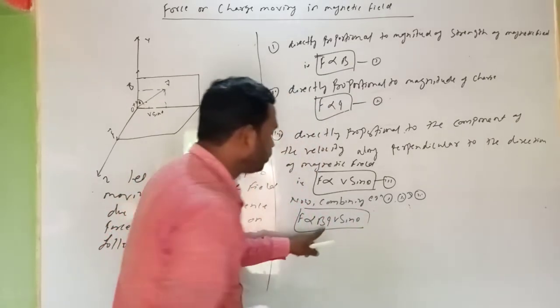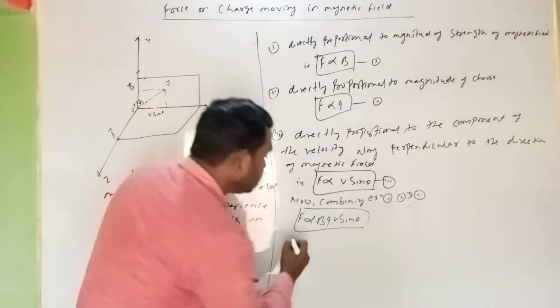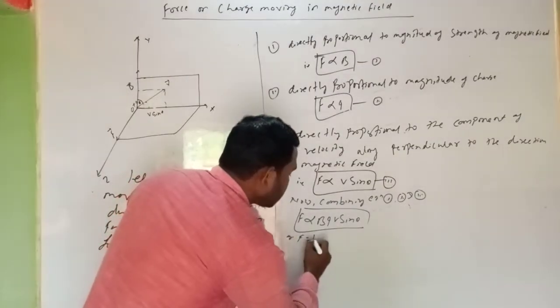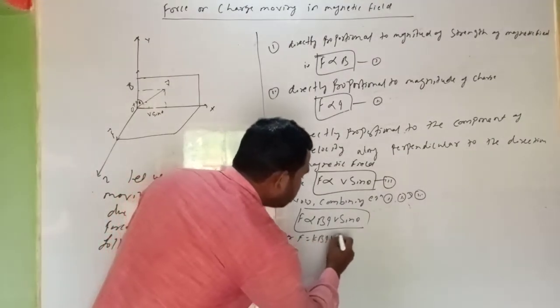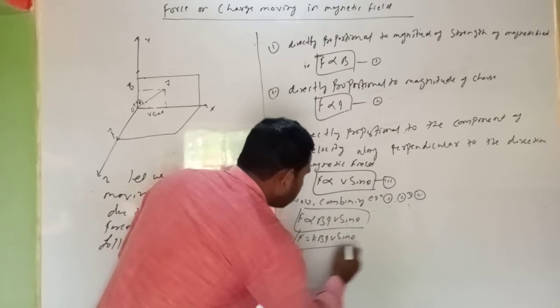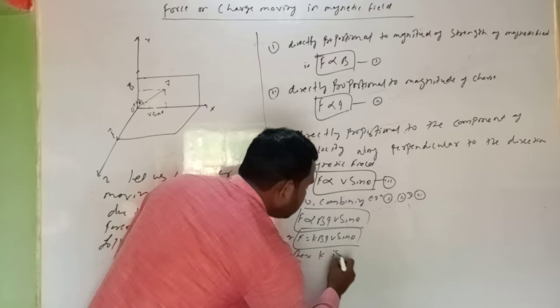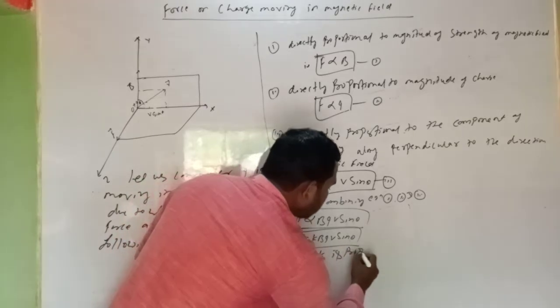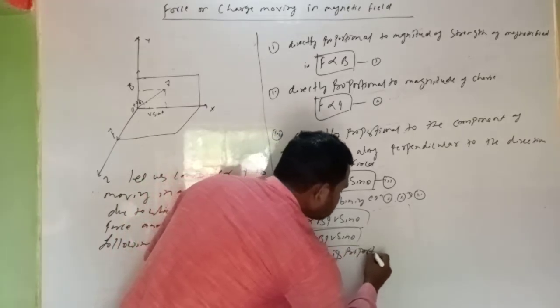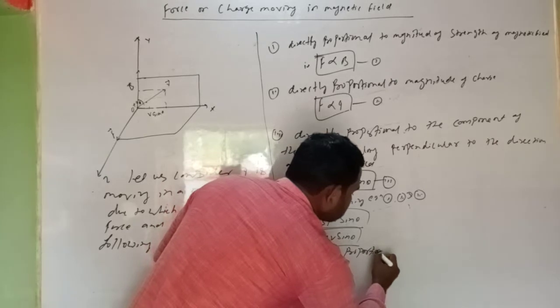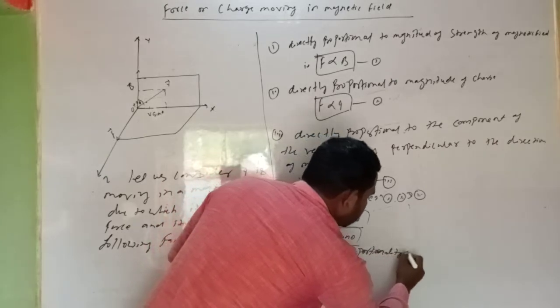And whenever you remove the proportionality, you can write F is equal to K B Q v sin theta, where K is the proportionality constant.